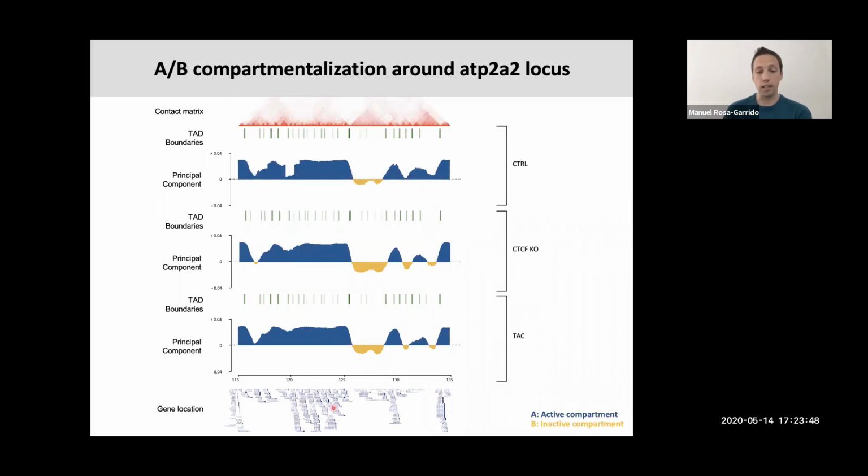And here I'm showing you the genes that are encoded in this region of the genome. So you can see here, when we induce heart failure by depleting CTCF or performing TAC, there are some regions, like these ones here, that in the control were in an A compartment, and now they move to a B compartment. Okay, so this is going to have an effect on the transcriptional behavior of the genes that are located in these regions.